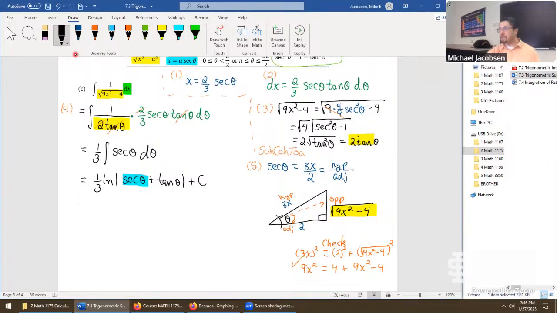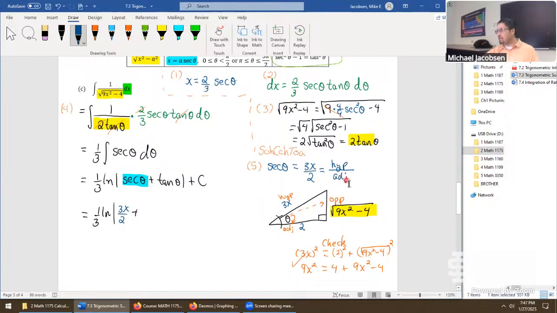And all we need to do is say what is tangent theta per this diagram. So here's how our final answer comes to be. It's 1/3 natural log. In place of this secant theta, we can just drop in 3x over 2. Then plus, for tangent theta, you can use the SOHCAHTOA method once again. Tangent is the opposite side divided by the adjacent side.